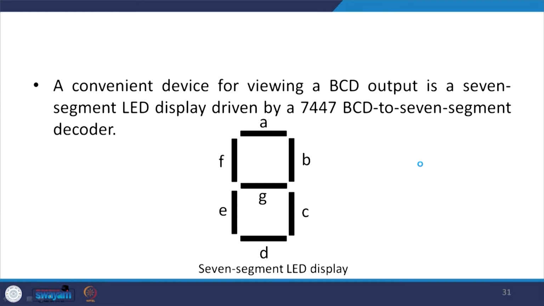So, a convenient device for viewing a BCD output is a 7 segment display driven by, say, a 7447 BCD to 7 segment decoder. The details about this I have discussed in another lecture on the display.